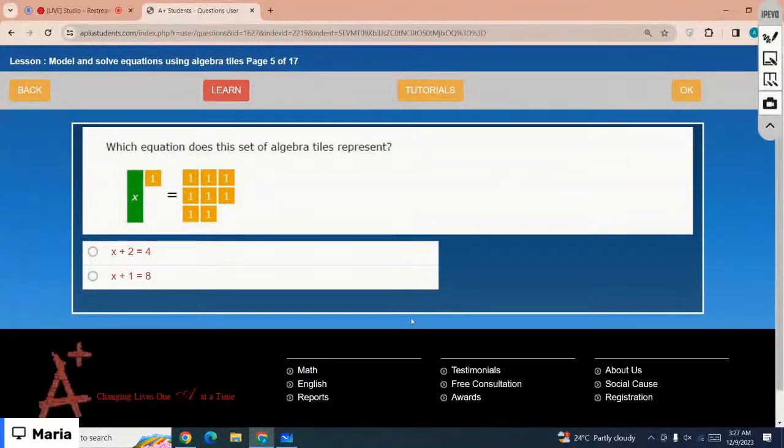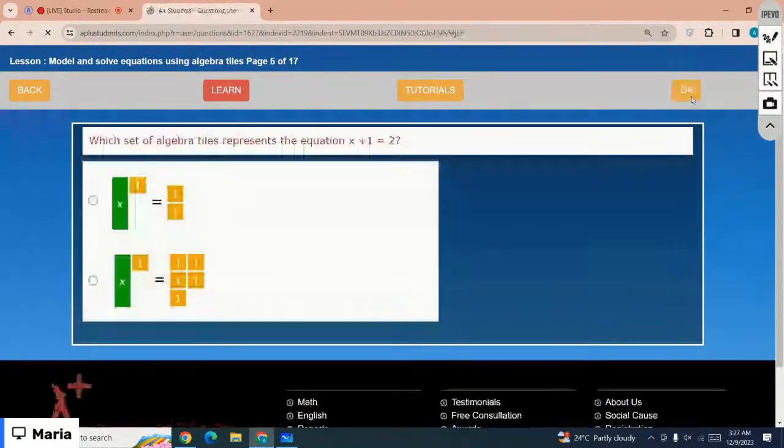That is equation number 1, x plus 1 equals 8 is the correct option. Got it? Set of algebra tile represents x plus 1 equals 2. Which is the correct option, 1 or 2?